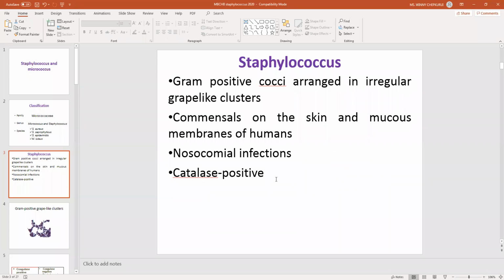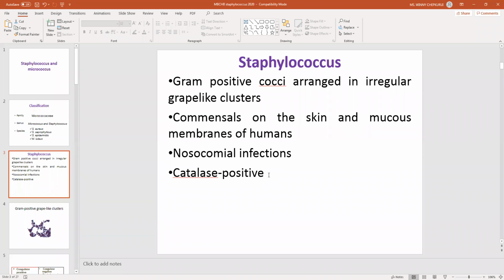In terms of differentiating Staphylococcus from Streptococcus, they produce the catalase enzyme, and this aids microbiologists. Let's say you have a mixed infection. How would you know this is a Staphylococcus and not a Streptococcus?